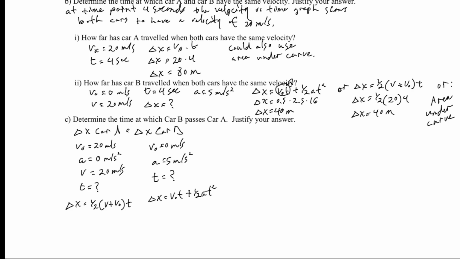Now we can set those two delta x equal to each other because we're looking for when their displacements are the same. So we can have, for car A, the 1/2 v plus v naught times t is equal to, for car B, v naught t plus 1/2 at squared.